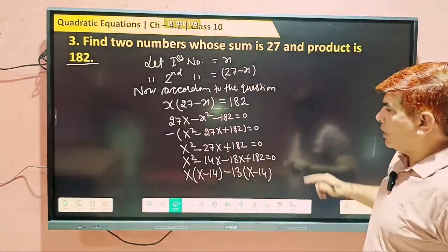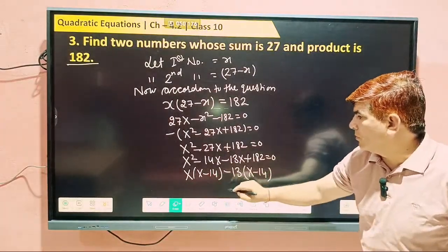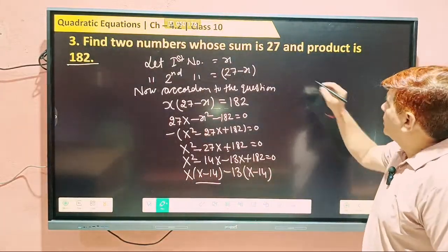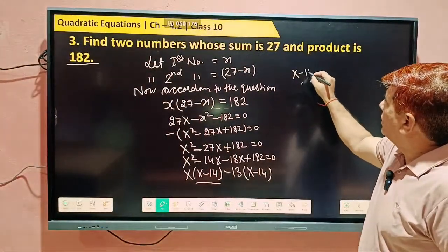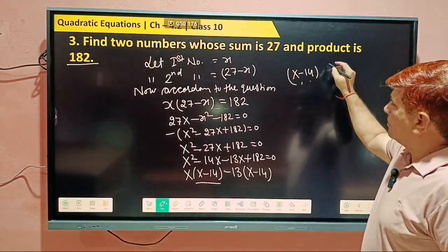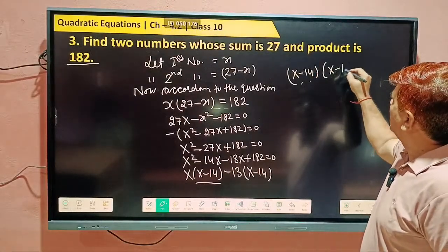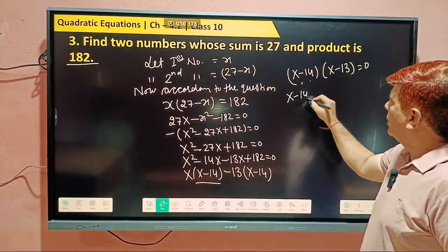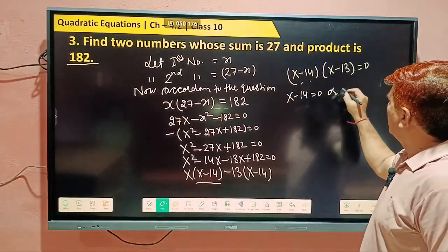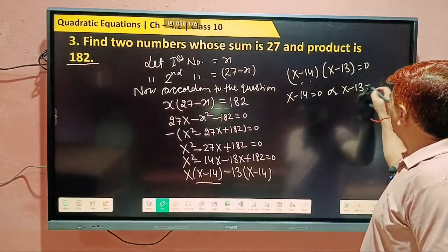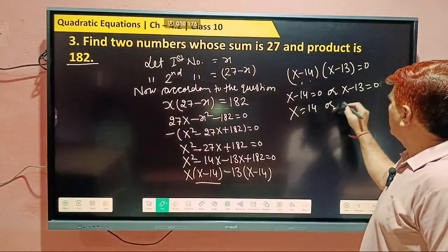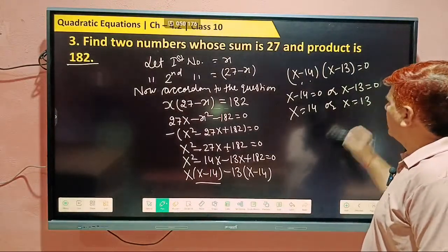So x minus 14 is common, then what's left? x minus 13 equals 0. So x minus 14 equals 0 or x minus 13 equals 0. So the value of x is 14 or 13.